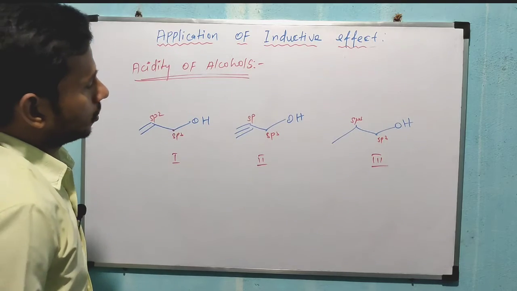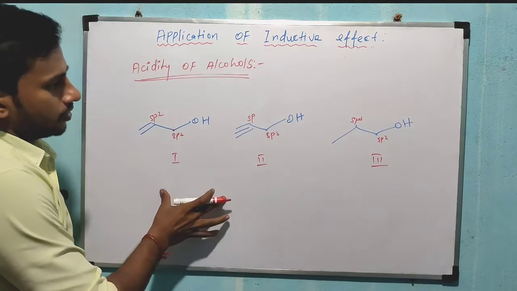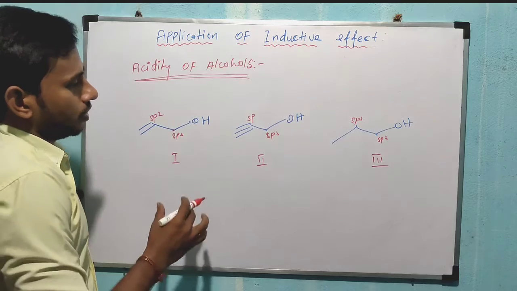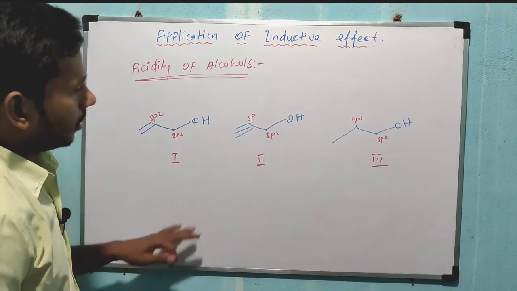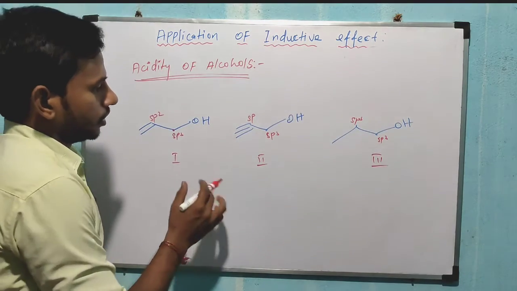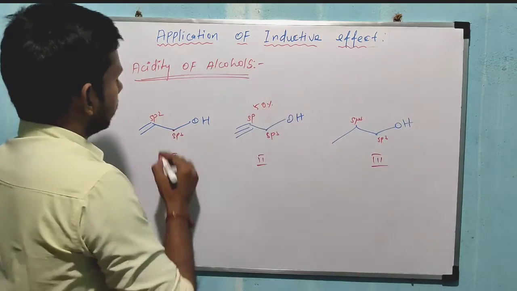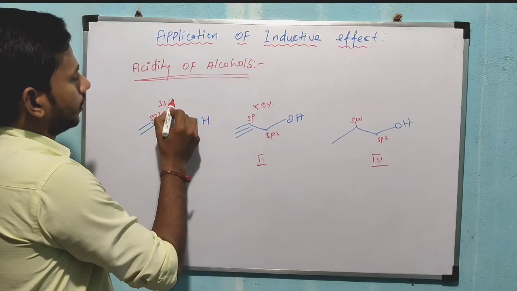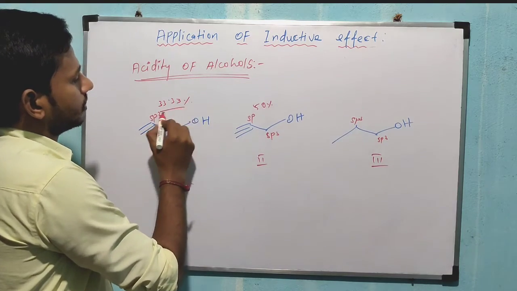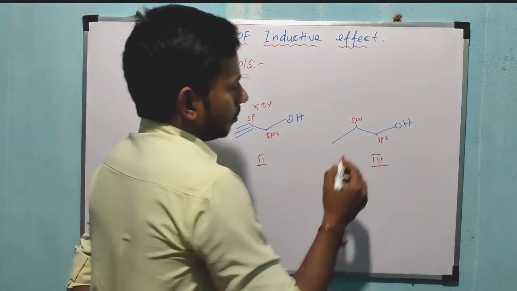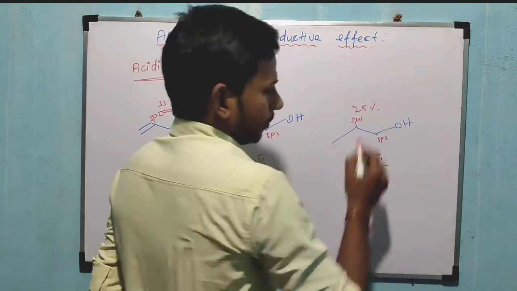sp2 carbon. So here it depends upon the s character. Once s character increases, the corresponding acidity also increases, right? So here 50% s character is present, here 33.33% s character is present, here only 25% s character is present, right?